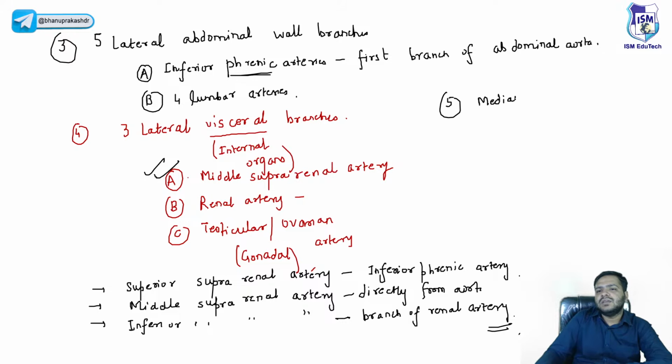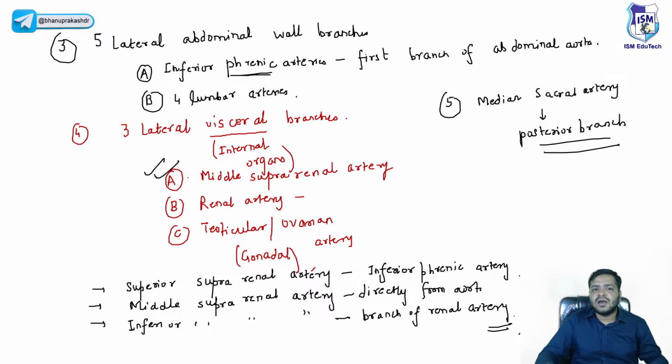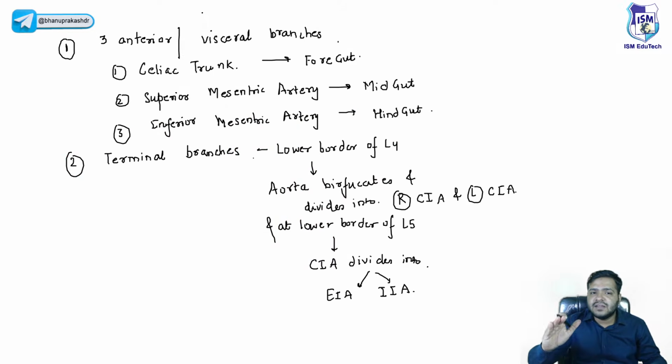We have the median sacral artery, that is the posterior branch beta. Posterior हो गया, lateral visceral, lateral abdominal wall, anterior visceral and terminal branches.